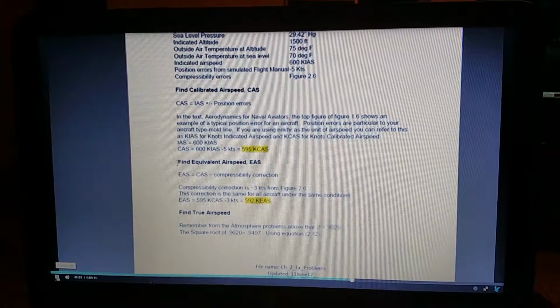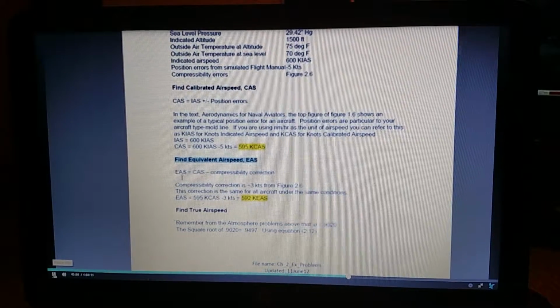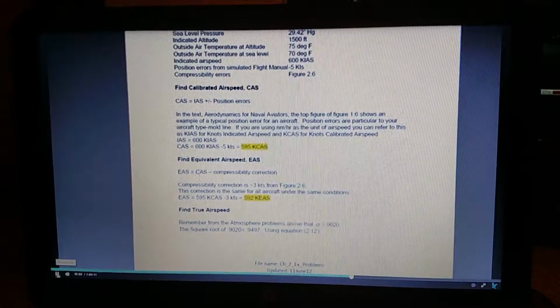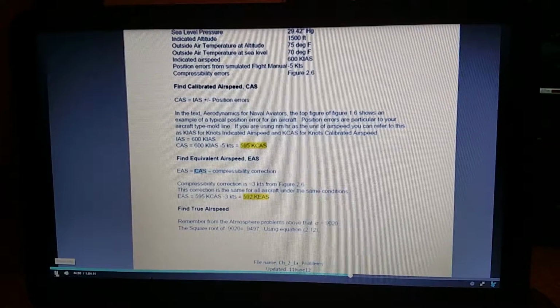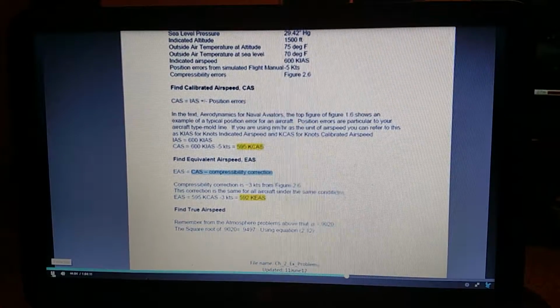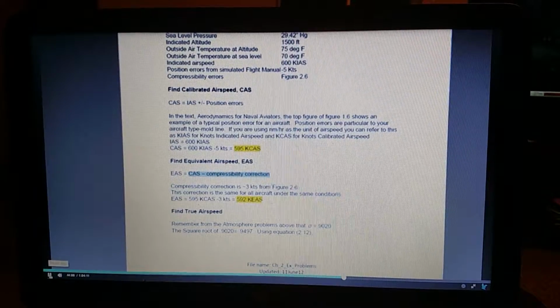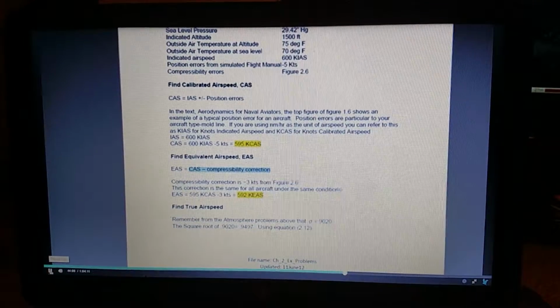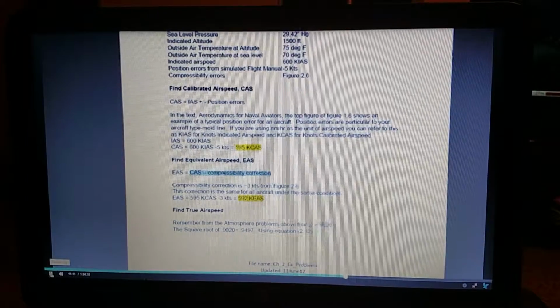Then to find equivalent airspeed, you have to start with that calibrated airspeed. So you have to start with what you just found, not with the indicated, but with the calibrated, and you have to apply compressibility correction, which is figure 2.6 in the book. And the correction is the same for all aircraft.